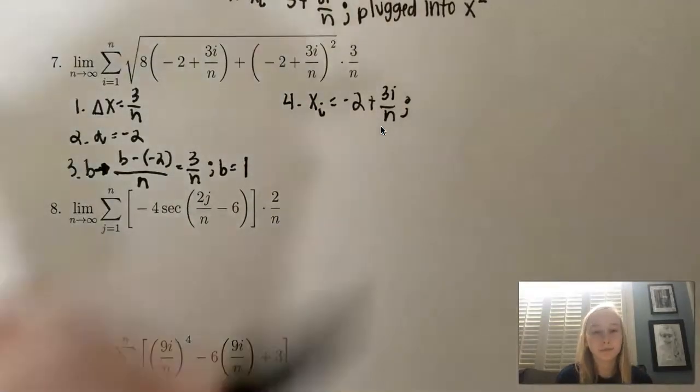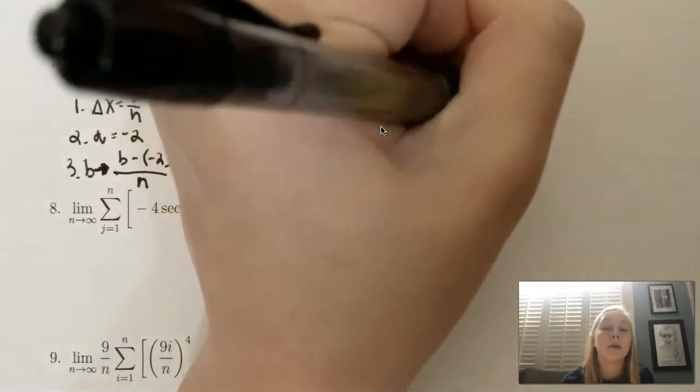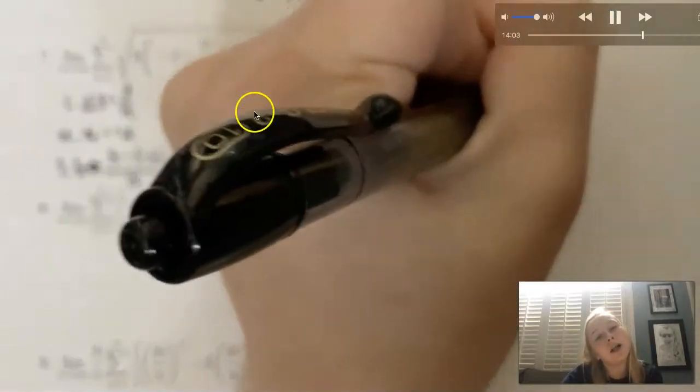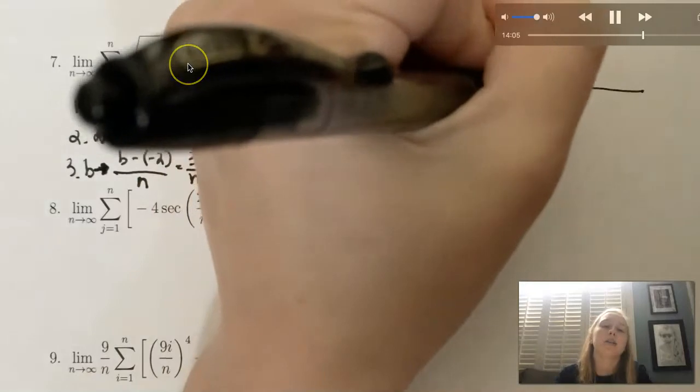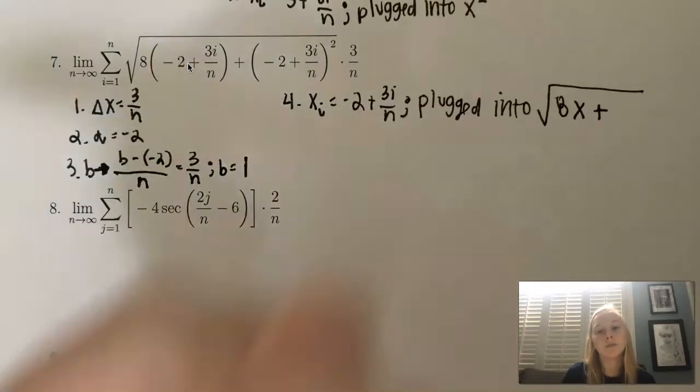Hopefully you can see that in this case, once my hand gets out of the way, xi is plugged into the square root of 8x plus x squared. Because as you can see, xi is just this massive placeholder for x. And you guys can see that.